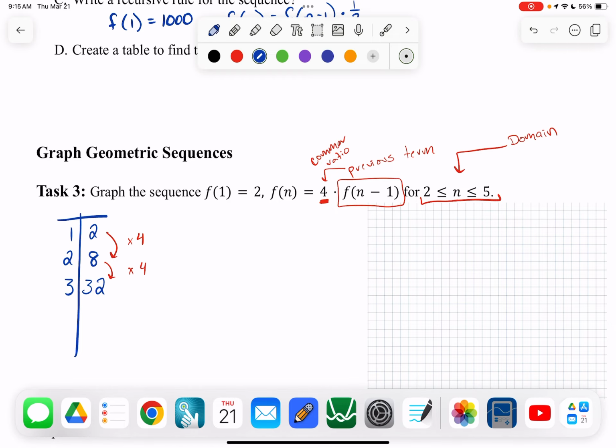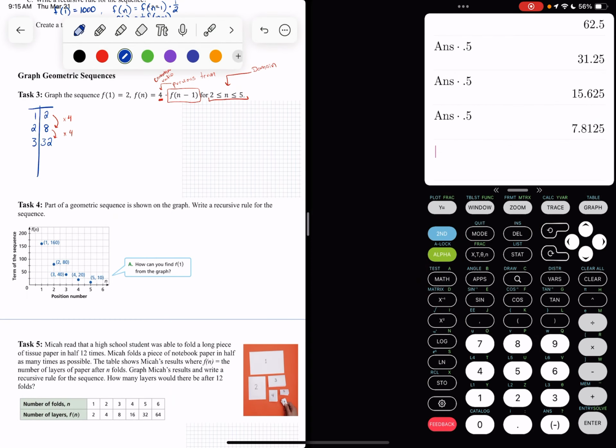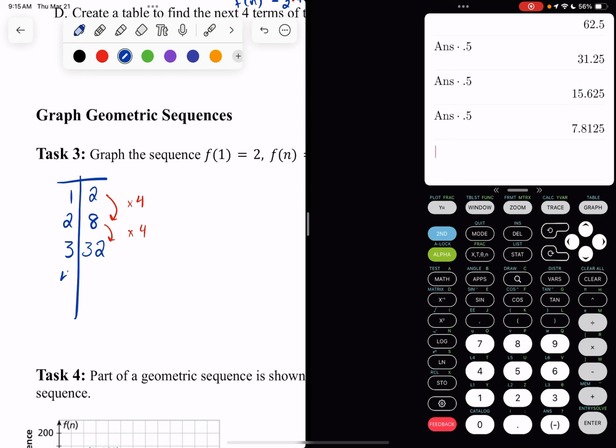Now I'm going to grab a calculator because I don't feel like multiplying that all out in my head. To get to the fourth term, I take that 32 times 4. So again, I can use my shortcut: 2 times 4 is 8, times 4 is 32, times 4 is 128. And then the fifth term is 512.